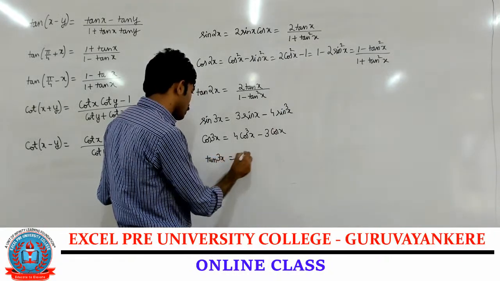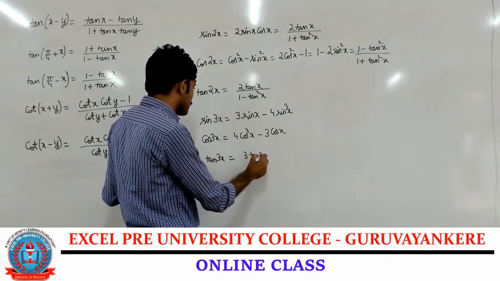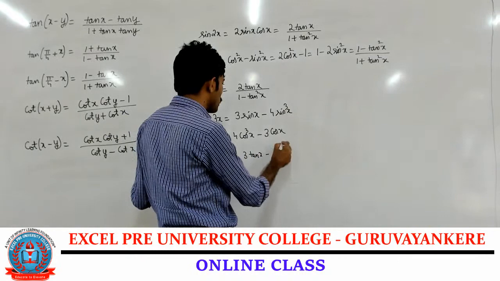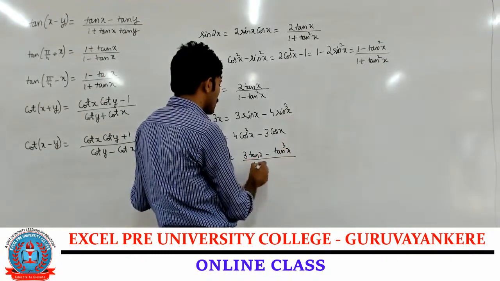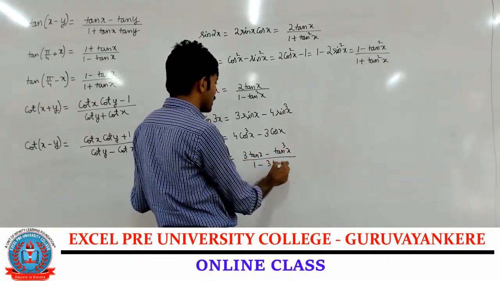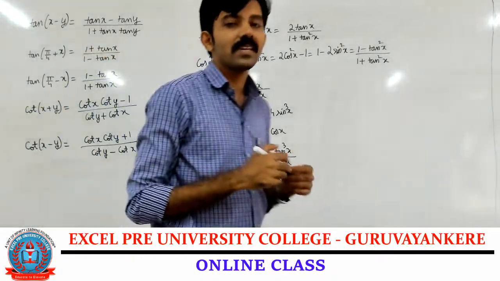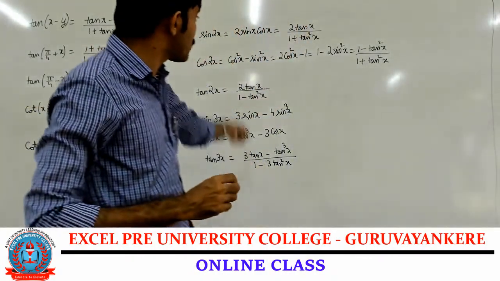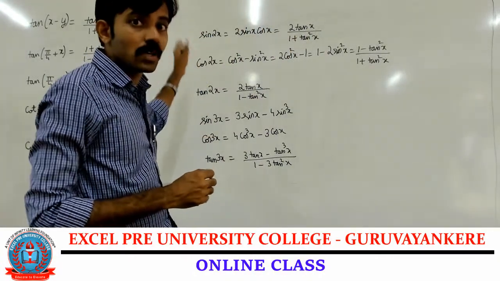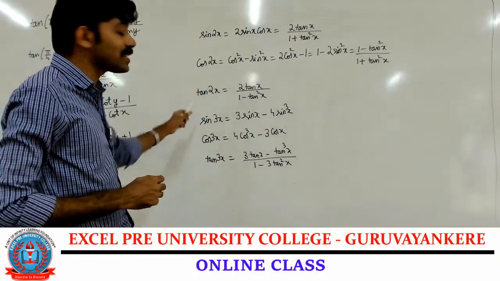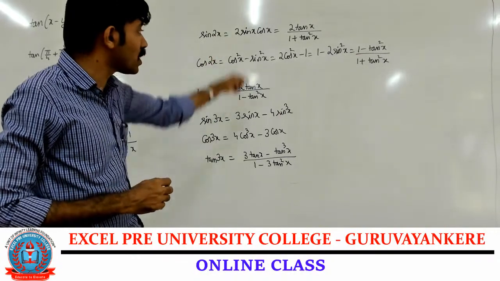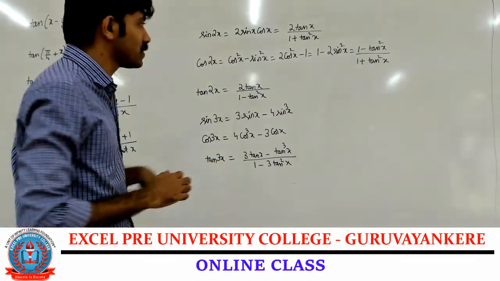Tan 3x is equal to 3 tan x minus tan cube x divided by 1 minus 3 tan square x. Learn these formulas properly. These are called multiple angle formulas: sin 2x, cos 2x, tan 2x, sin 3x, cos 3x, tan 3x.